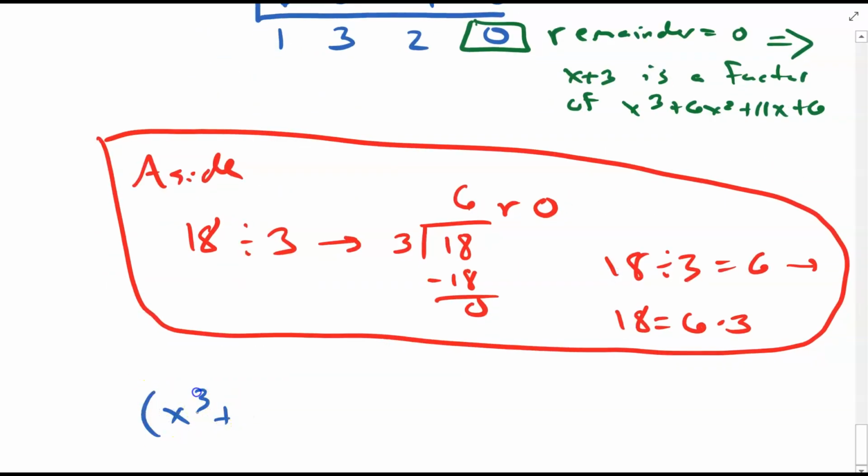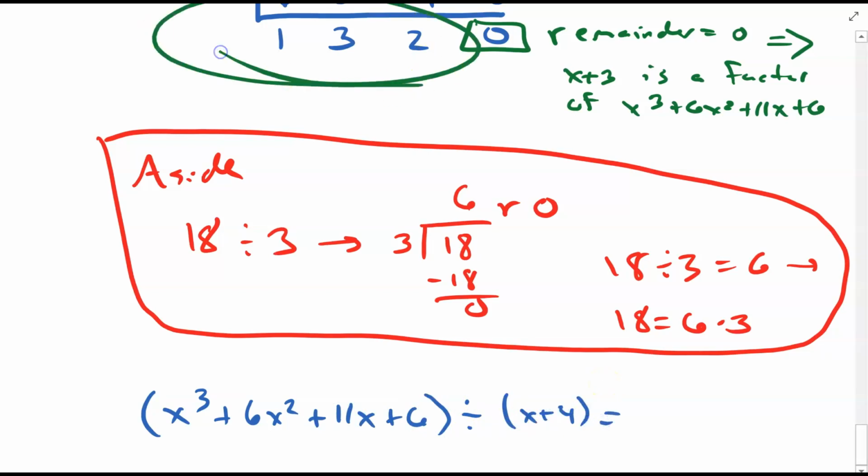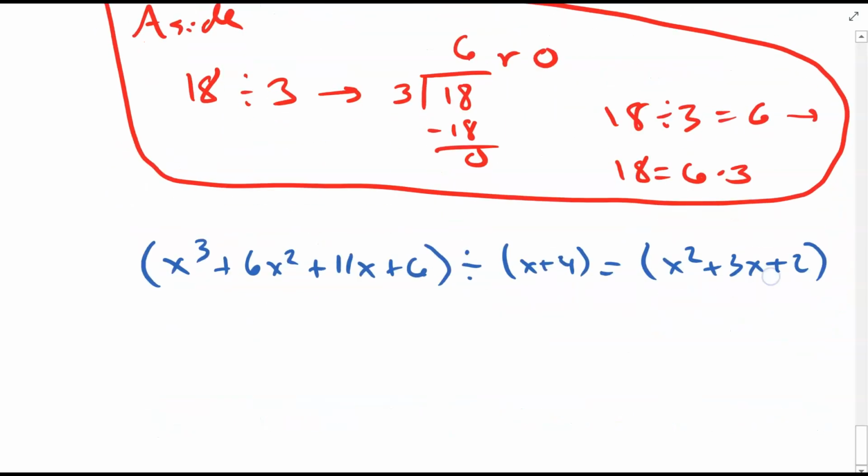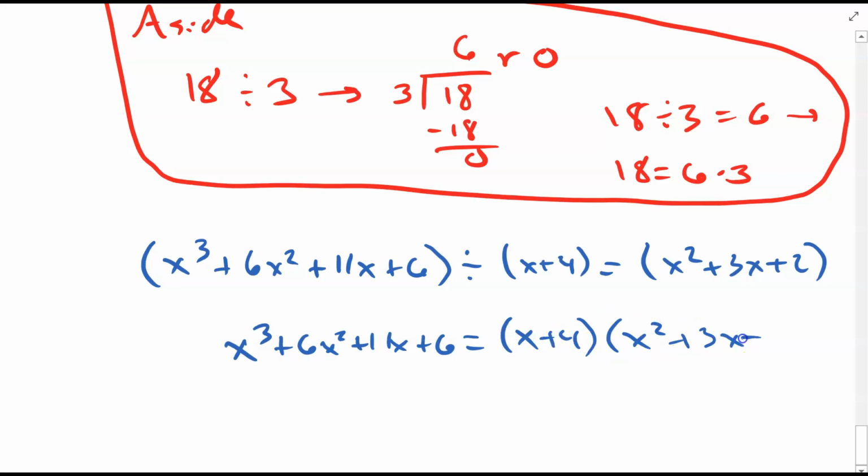Since I know that x cubed plus 6x squared plus 11x plus 6 divided by x plus 3 is equal to the quotient whose coefficients are the constant term, x coefficient, and x squared coefficient, I can say then x cubed plus 6x squared plus 11x plus 6 is equal to x plus 3 times x squared plus 3x plus 2.